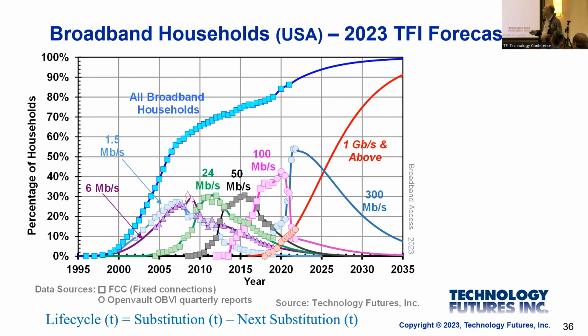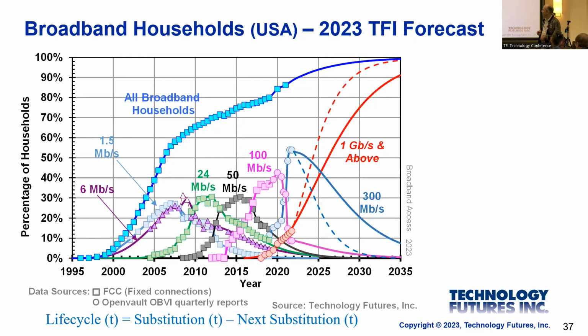So the graphics won't be as pleasant as they used to be because of this rapid adoption of 300 megabits per second, but that's reality. And if we use the dashed line forecast for 1 gig, the 300 megabits per second life cycle will also have a steep decline as well as a steep increase.